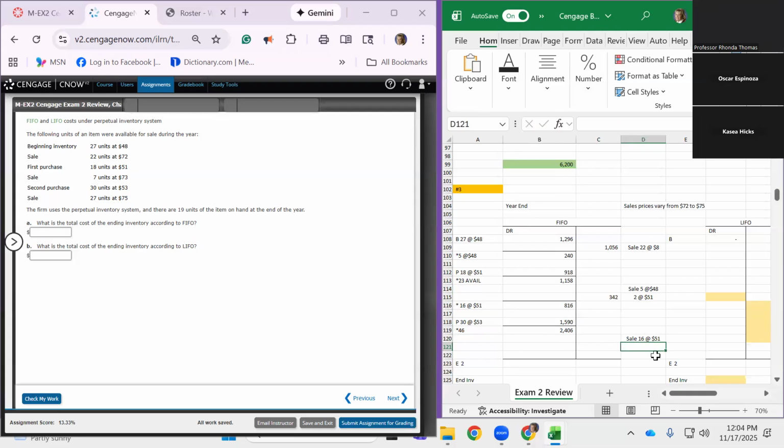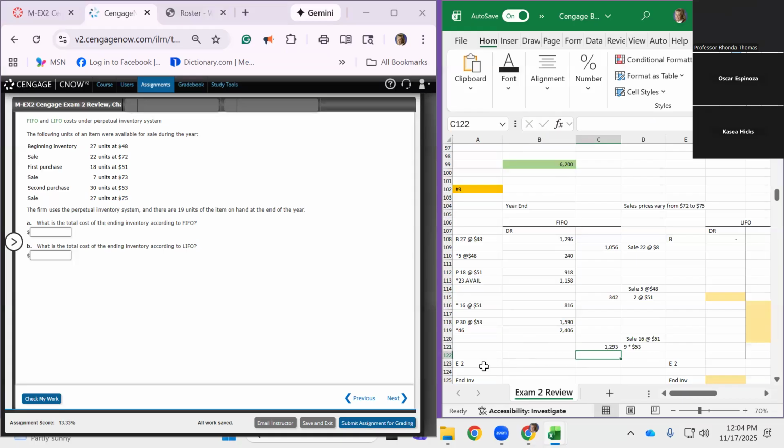And then they got 27. So then we need 9 times 53. Okay, so let me do, very similar, equals 16 times 51 plus 9 times 53. Close parentheses.